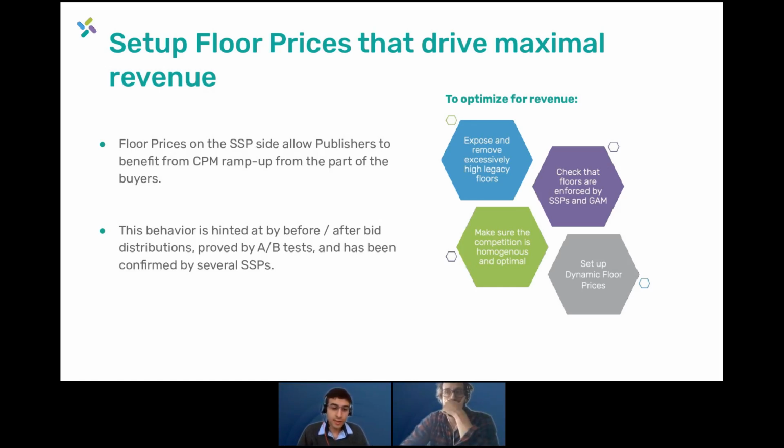And if you look at a significant number of bid responses, if the volume is big enough, chances are that this will be the floor that is being applied by the SSP. So this could be either a floor that you have set up as a publisher, but it can also be a floor that is applied internally by the SSP, in which case you won't have any control over it.